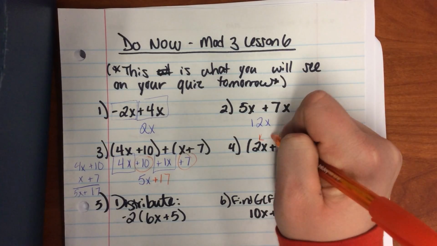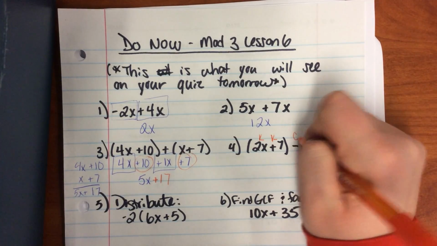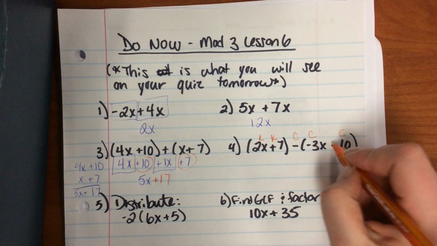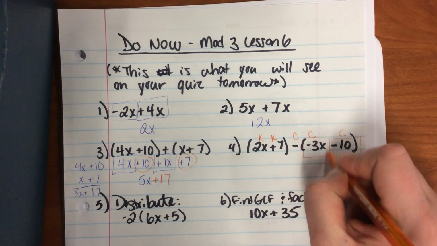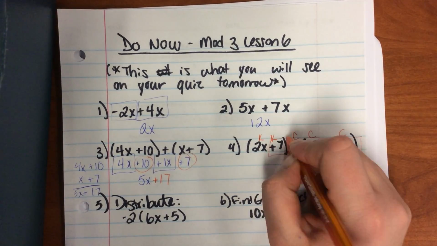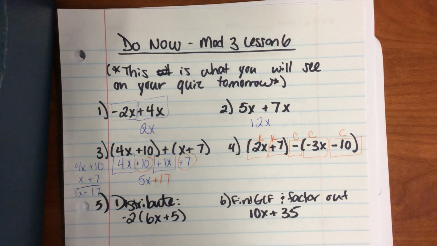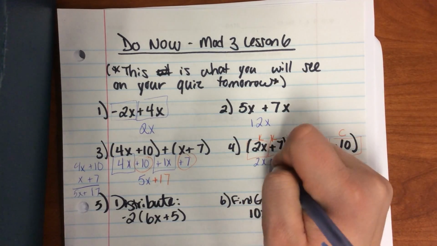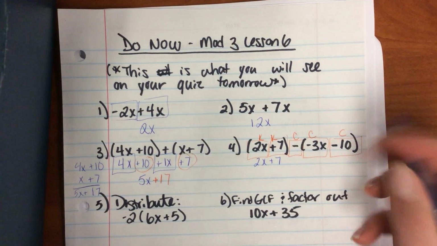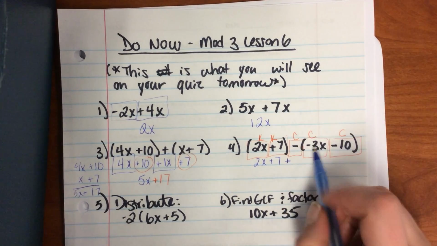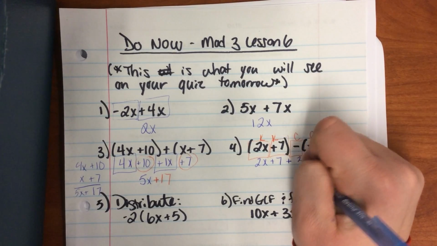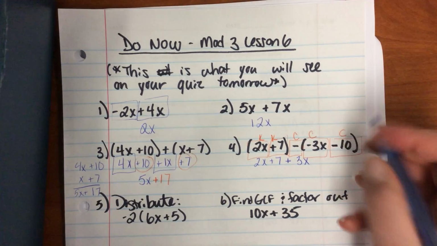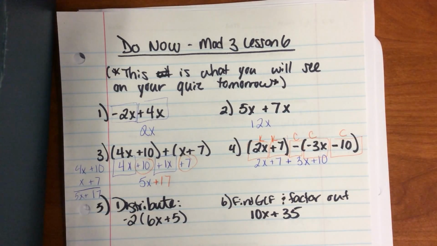So you keep the whole front, change, change, change. So you change each part of the question. So the keeps stay, so 2x plus 7. This minus becomes a plus. The negative 3x becomes positive 3x, and minus 10 becomes plus 10.